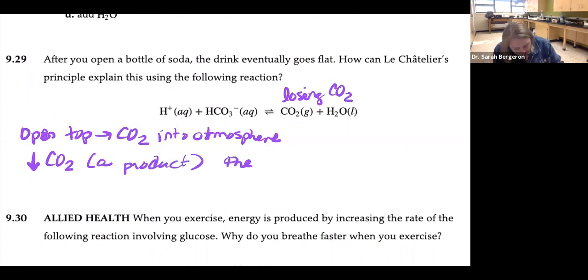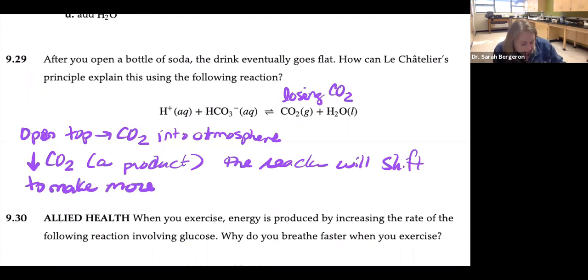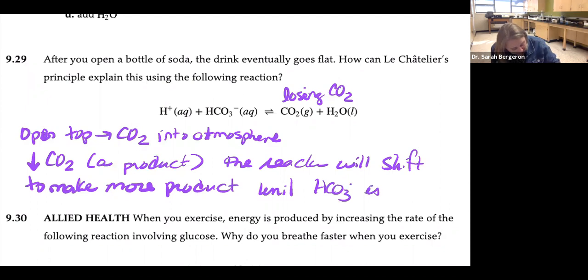The reaction will shift to make more, it's the opposite, make more product. So you're going to make more CO2, but then you're going to lose more CO2, you're going to make more CO2, lose CO2 until the HCO3 is depleted. It's just going to keep going and going until it's depleted, right?